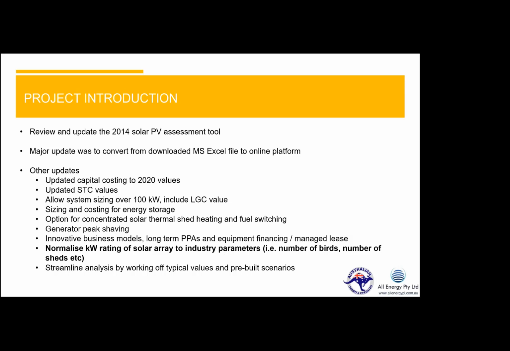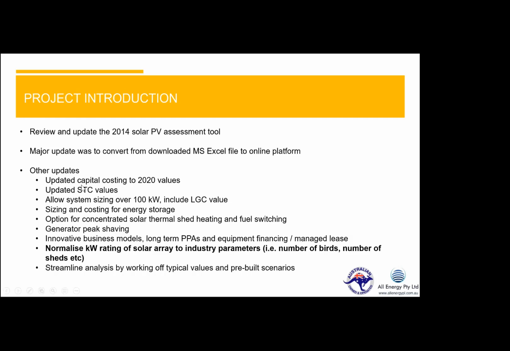The metric that's used quite commonly is number of sheds, and then you can modify that to surface area with assumed stocking densities to then arrive at an estimated power requirement for given geographic areas.